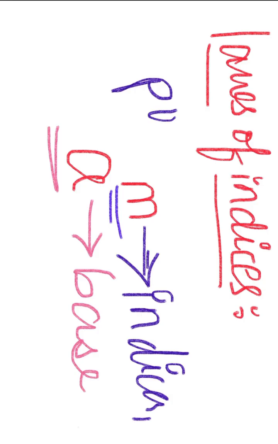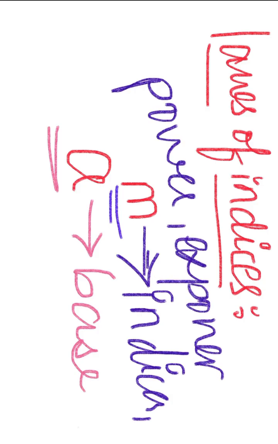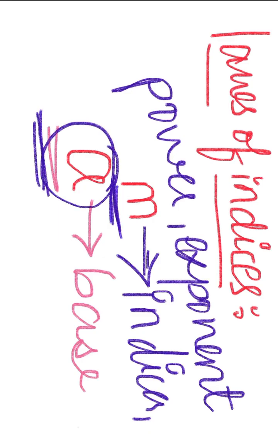You can call it indices, power, or exponent. So these three things you have to remember. This is the base and the raised-to part is your power, exponent, or index. Now coming to the laws.